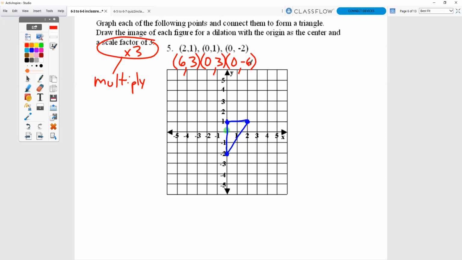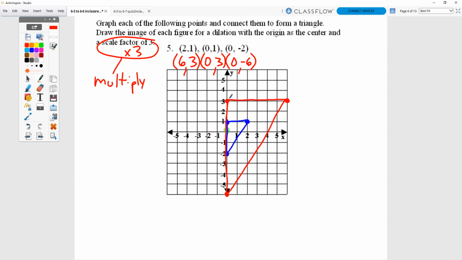Those are my new coordinates. So when you go to do these, over to 6, up to 3, over 0, up to 3, over 0, down to -6. Here's my new triangle.